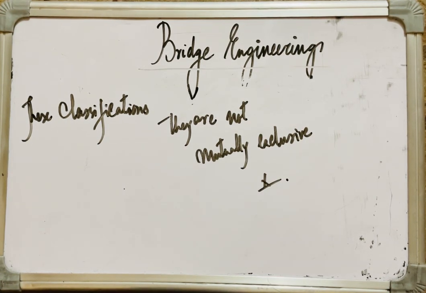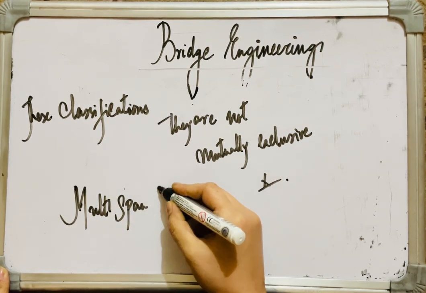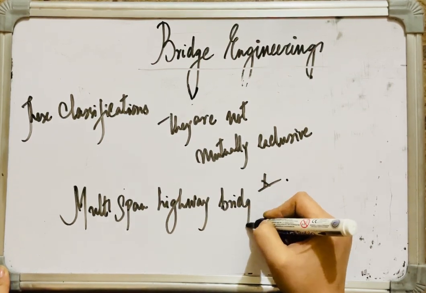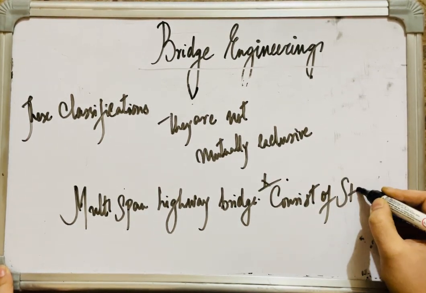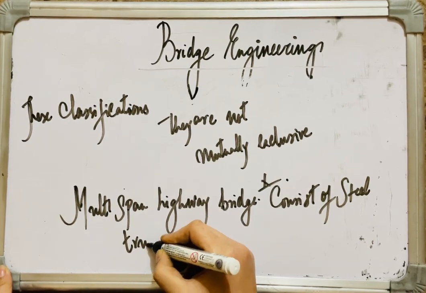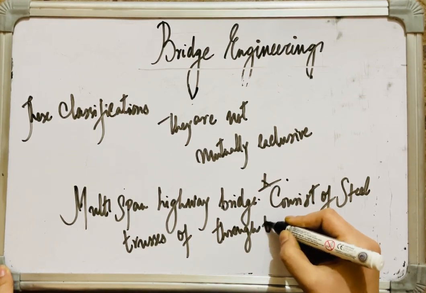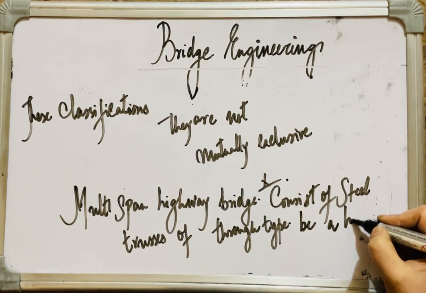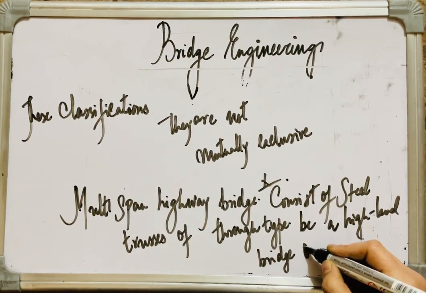For example, let's take an example. There can be a multi-span highway bridge consisting of steel trusses of through type, all right, and it can be a high level bridge over a river.